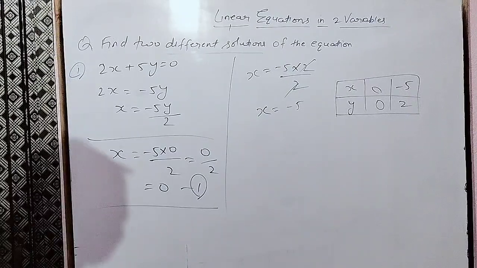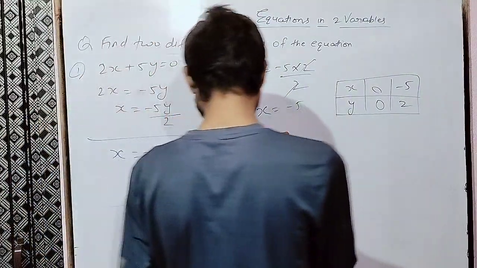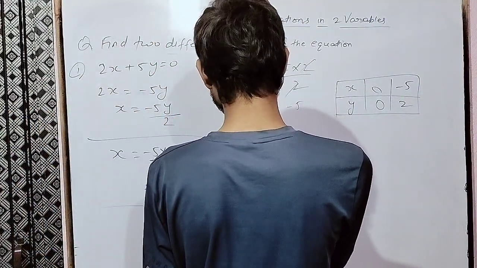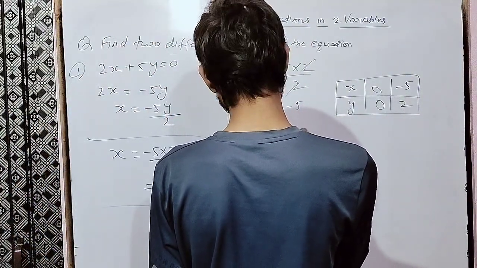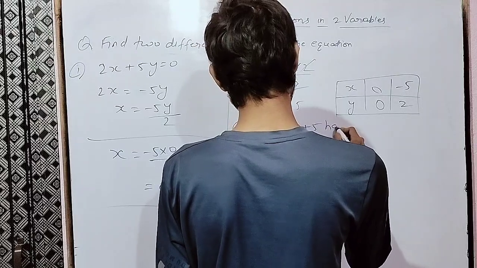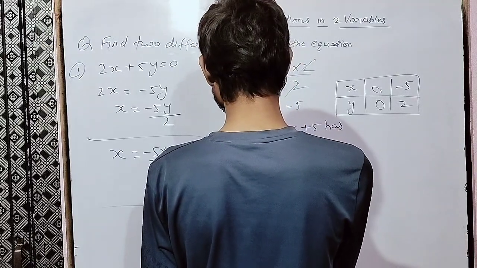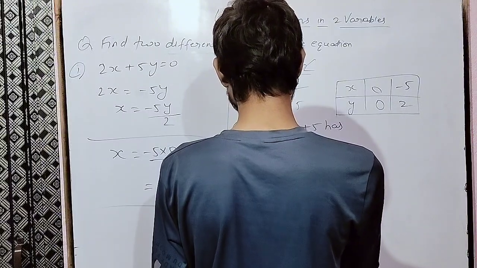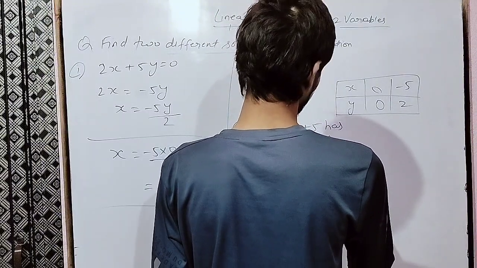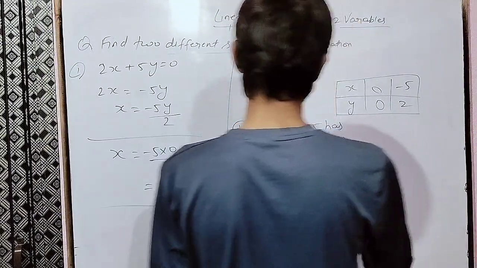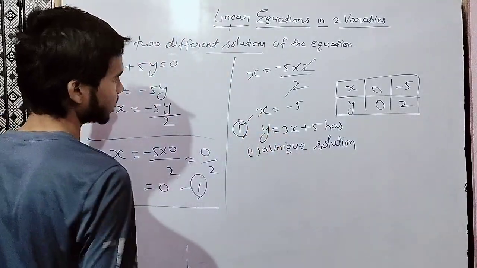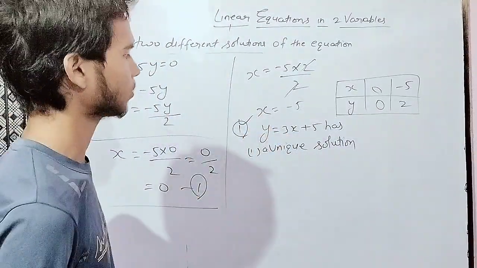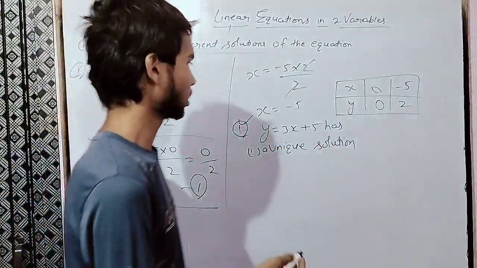Now we have some questions. The first statement says y is equal to 3x plus 5 has a unique solution.